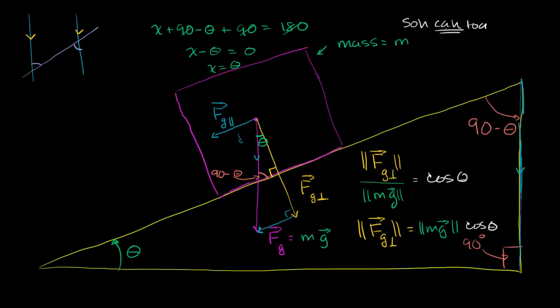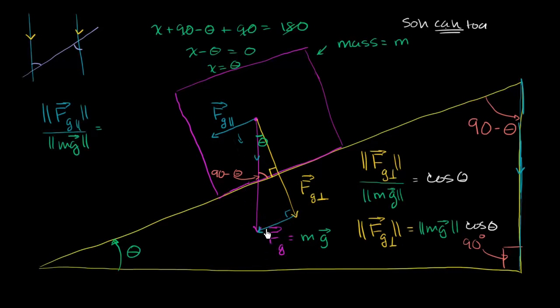And then this second thing, we can use the same logic. If we think about the parallel vector right over here, the magnitude of the component of the force due to gravity that is parallel to the plane, over the magnitude of the force due to gravity, which is the magnitude of mg, is going to be equal to what?